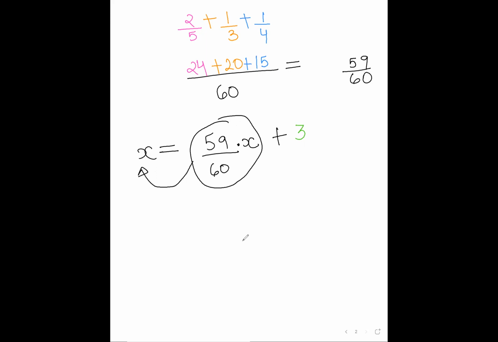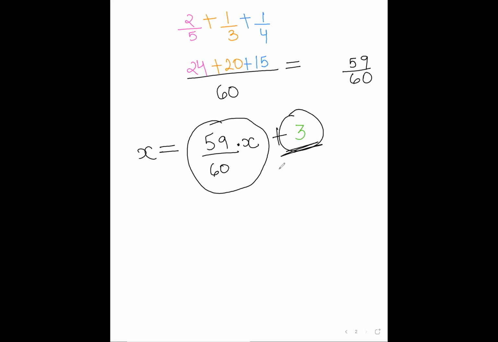Or in other words, we need to get rid of this on the right hand side. Why? Because we want the right hand side to only have 3. We don't want it to have anything else.